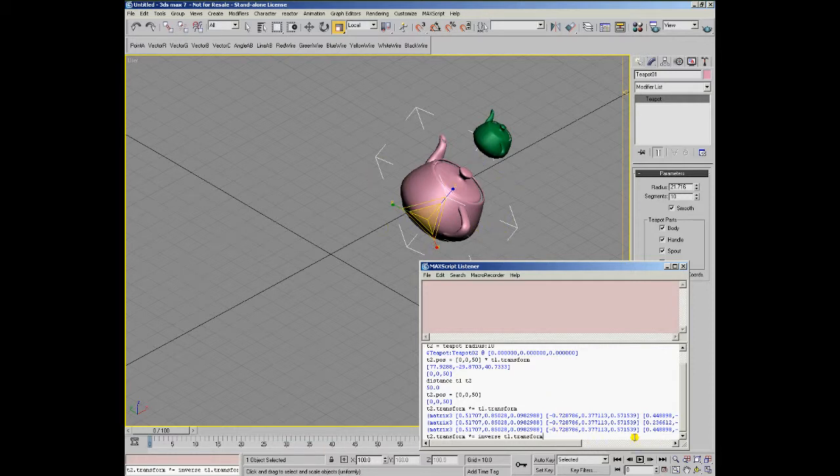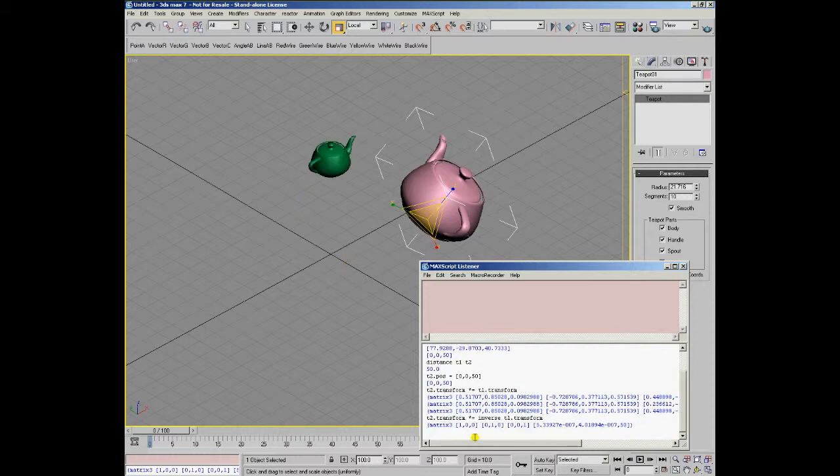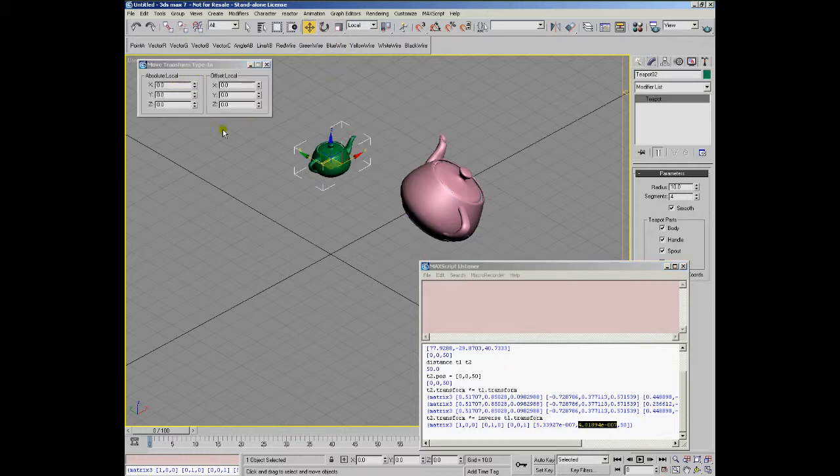This is the opposite of transforming into the space of the first teapot. We're going to take the object and transform it back into world coordinates. As you can see, the position along x and y has a small error, but it's very, very close to 0 in world space.